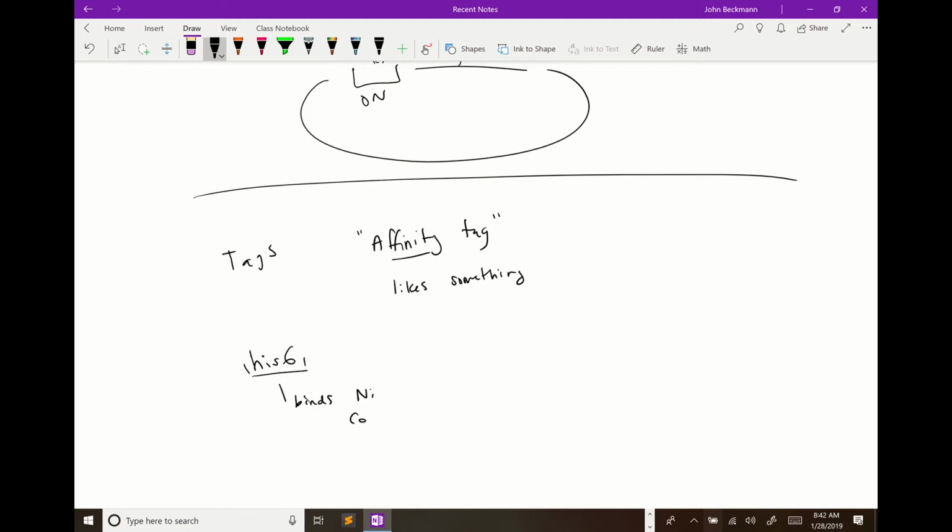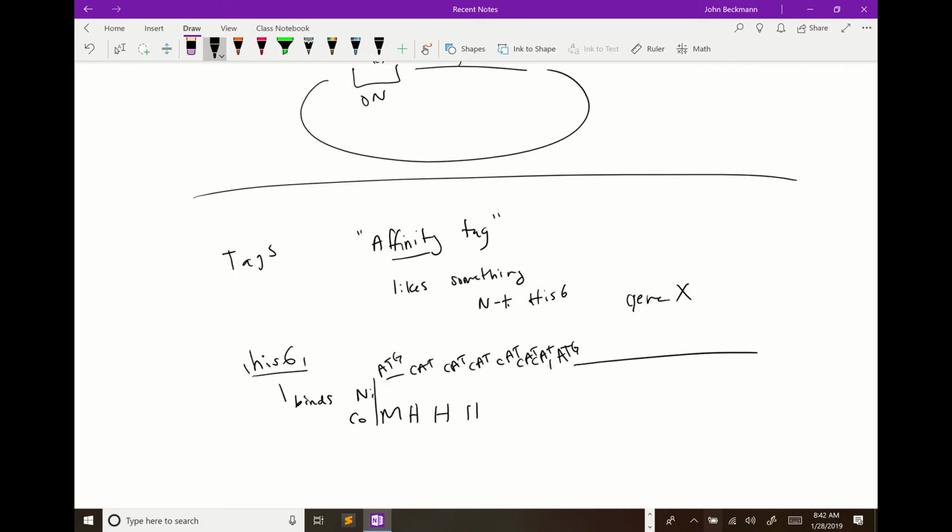So here's the ATG of your gene X, and you can make an N-terminal His6 tag by inserting ATG, which is a new start codon, then CAT, CAT, CAT, CAT, CAT, CAT. And this codes for methionine, histidine, histidine, histidine, histidine, histidine, histidine, and then your protein starts.